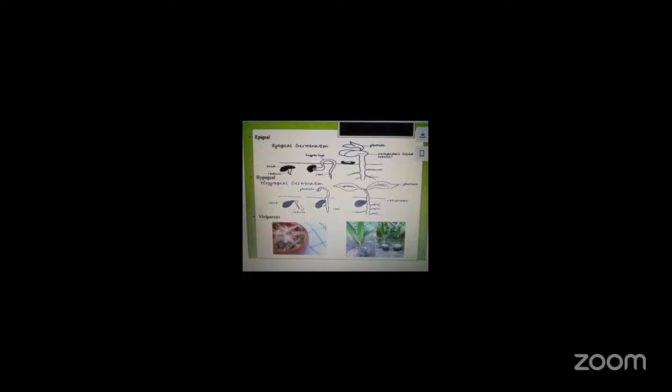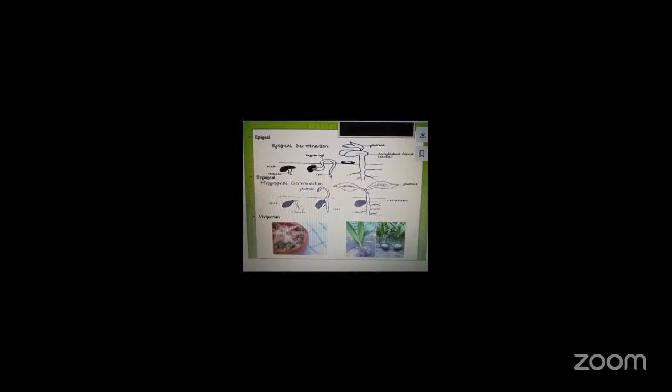After breeder seed, the foundation seed is developed. Foundation seeds have high quality seeds. Then registered seeds, for which we take permission of the agriculture department to release the seeds to the market.